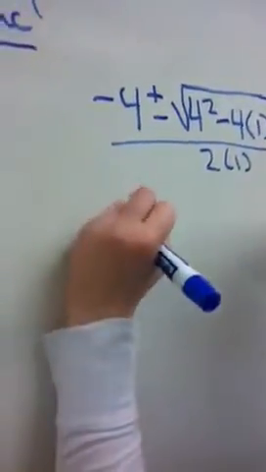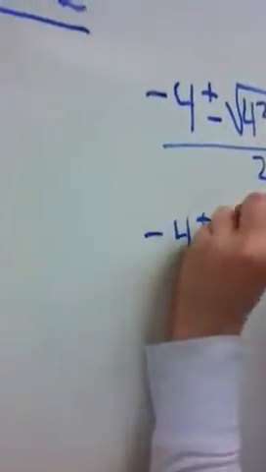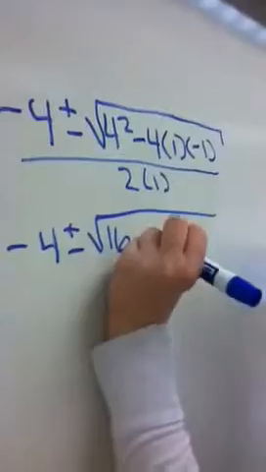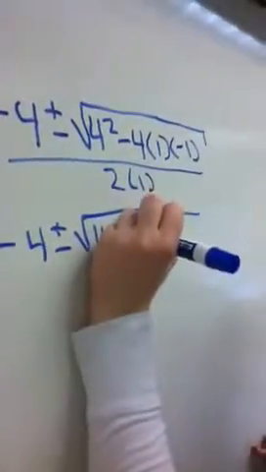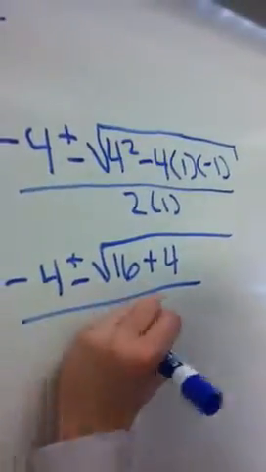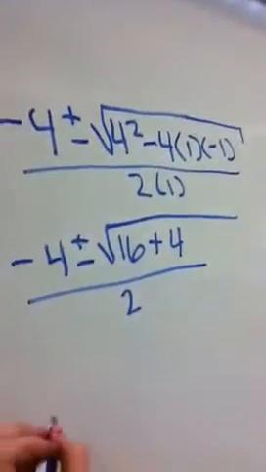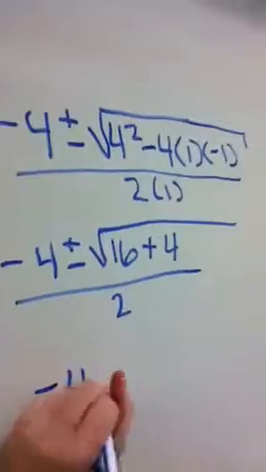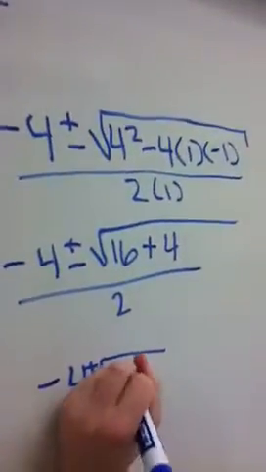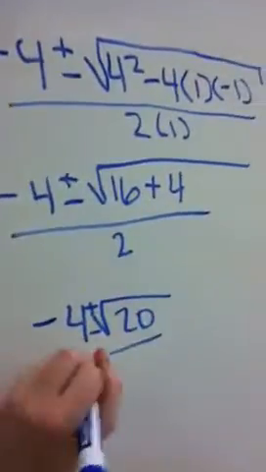So as you solve that out, you will get 16, minus, or actually no, it would be plus 4. And that'll all be over 2. So then, as you keep solving, you get negative 4 plus or minus the square root of 20 over 2.